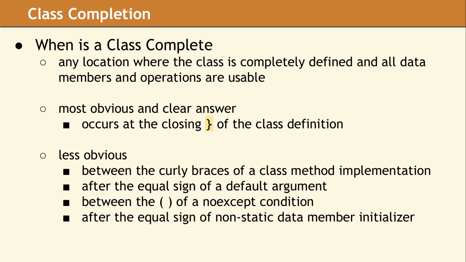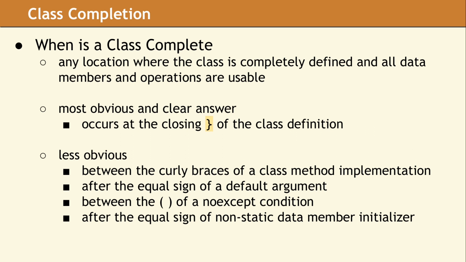The first of these occurs between the curly braces of the implementation of a class method. This is why it is legal to use members inside a method of a class definition. When you are in a complete class context, everything else in the class is visible, no matter where the code resides in the definition.